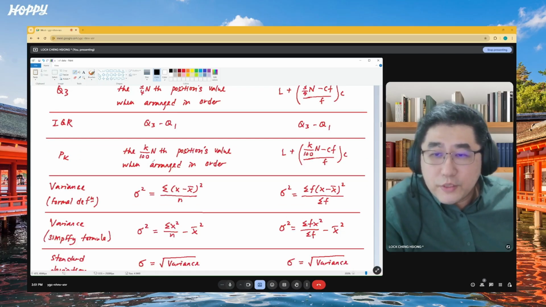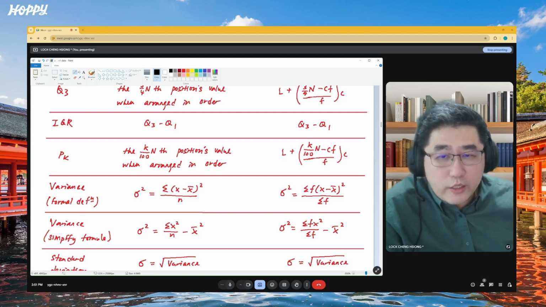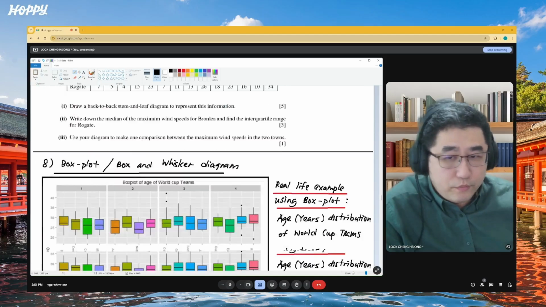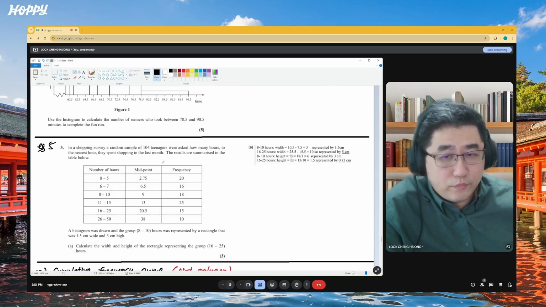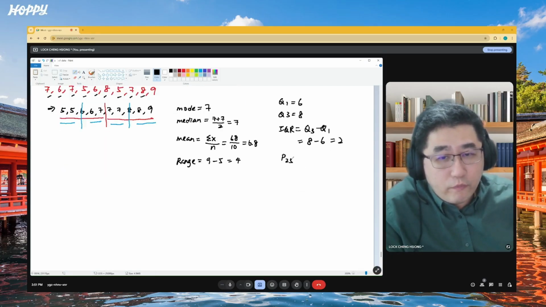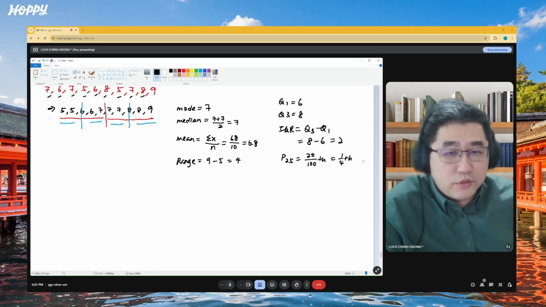Percentile means the k over 100 times n position value when arranged in order. In other words, let's say P25. It means 25 over 100 position, so you have 1 over 4 n position.